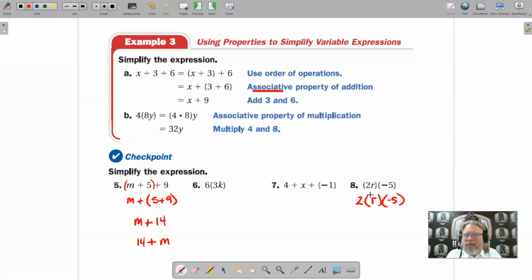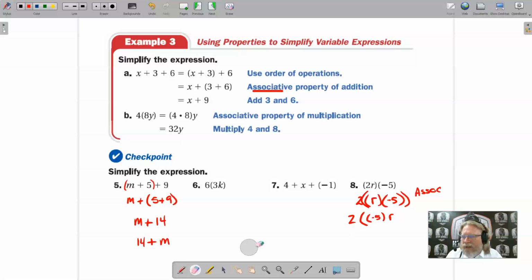Almost put r minus 5, which is not the case. So I would reassociate the r with the minus 5. This is the associative property. Then through the commutative property, I could move the negative 5 to the left of the r here.